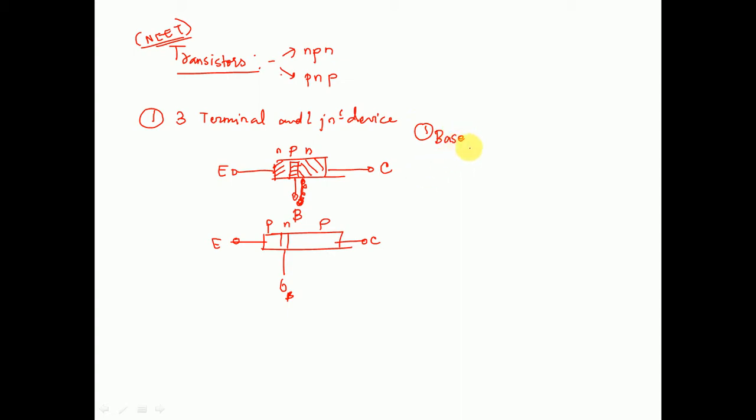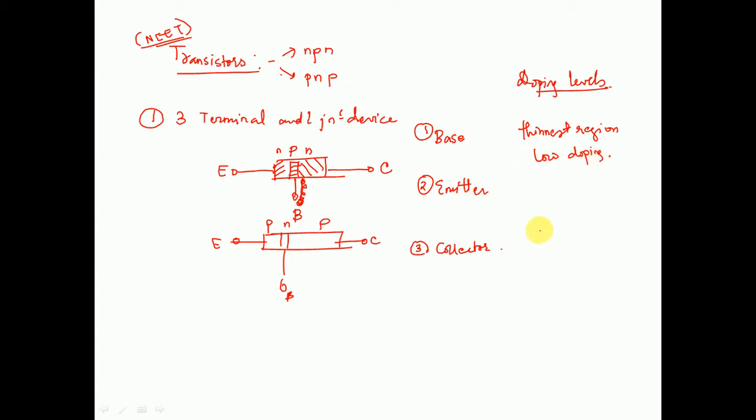So let's talk about the doping of the base, emitter, and last but not the least, the collector. I'm writing doping levels. You can make it like a column for easier understanding and memory. Base is the thinnest region of the device, and it has low doping.